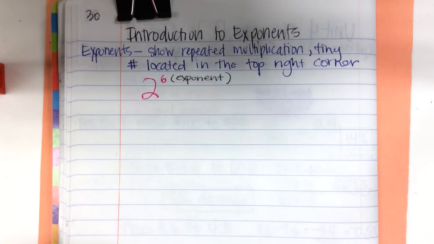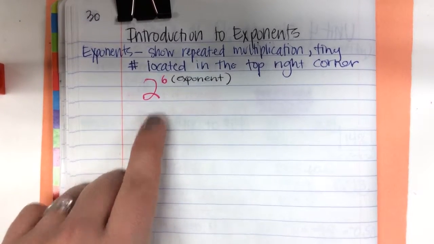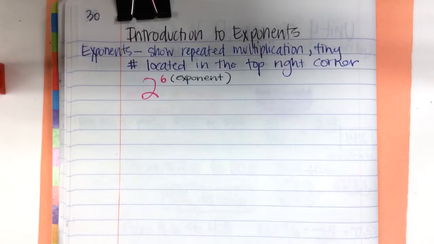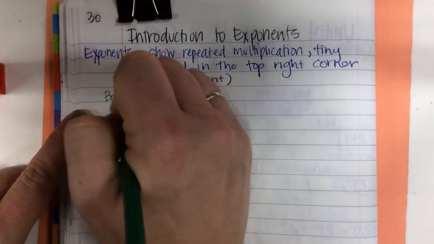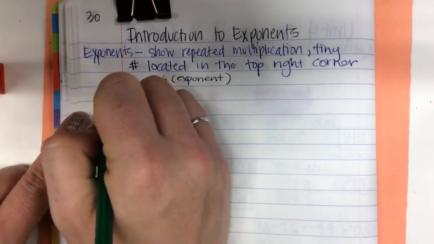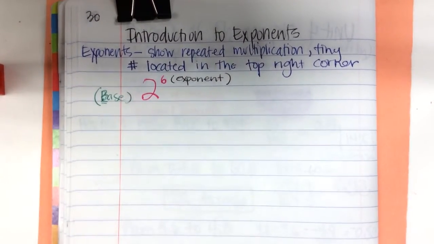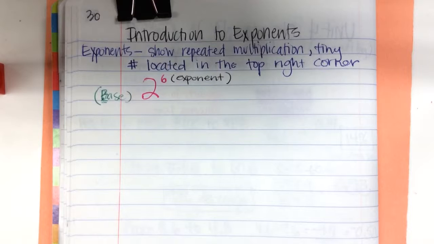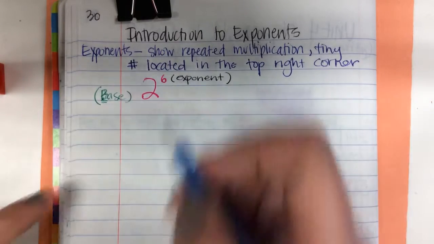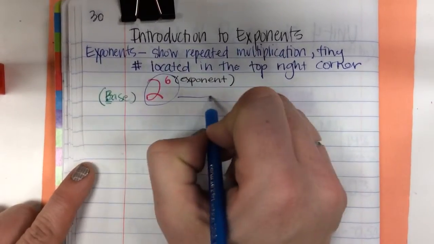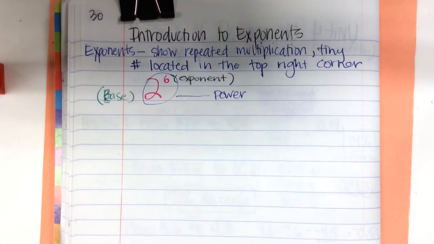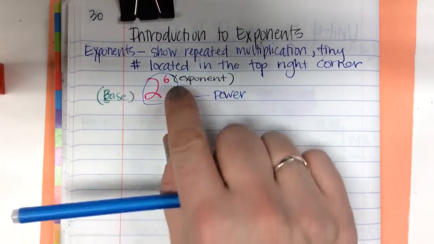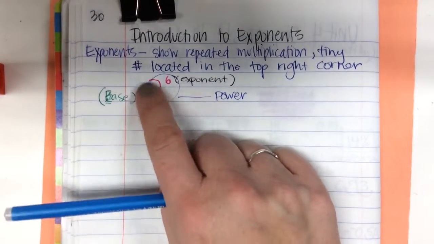Do you know what the 2 is called? The base. Base and bottom number, they both start with B. That's how I remember it. And the whole thing is called a power. The little tiny number is an exponent, and the big number is the base.